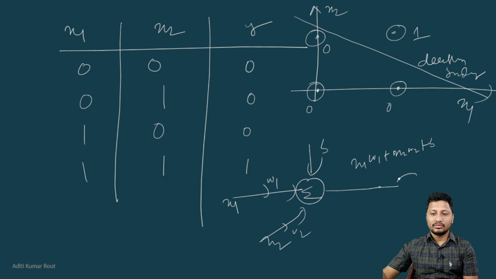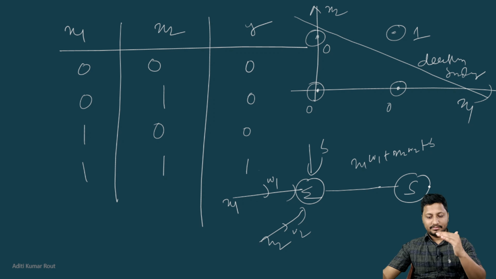Then we pass it through a sigmoid function, which decides whether the output will be 1 or 0 based on a certain threshold that we need to provide.